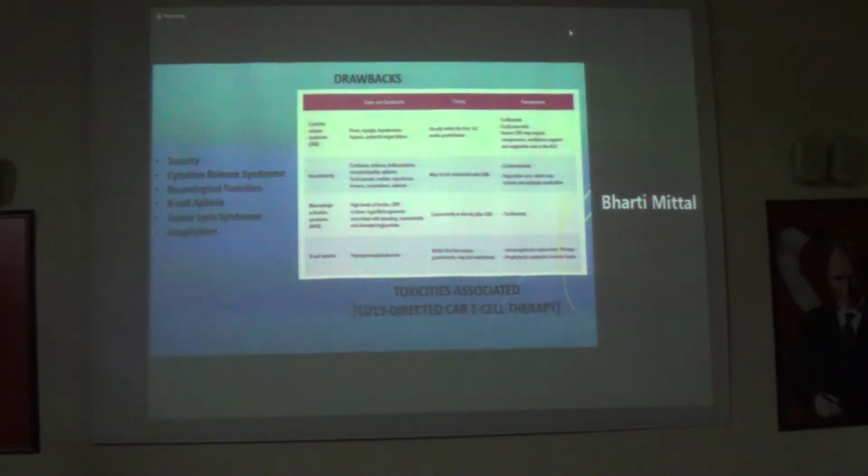We have to keep monitoring this, and it can be achieved by monitoring the signs and symptoms of the patients. In CRS, which is cytokine release syndrome, we have to monitor for fever, myalgia, hypertension, hypoxia, and potential organ failures. These are the symptoms of cytokine release.